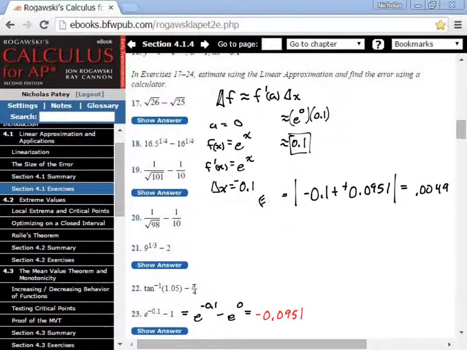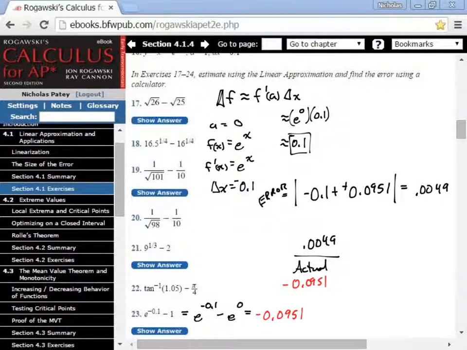But the error number isn't as useful as the error percentage. It doesn't ask for the error percentage, but let's do it just because it's that important. So it's 0.0049, and to find the percentage you divide it by the actual number. Our actual number in this case is negative 0.0951.